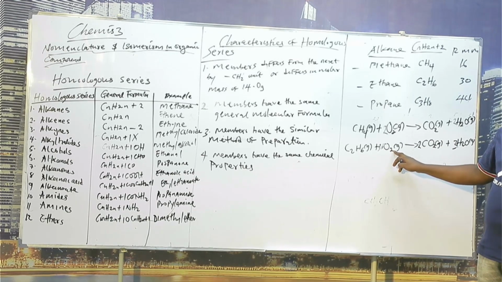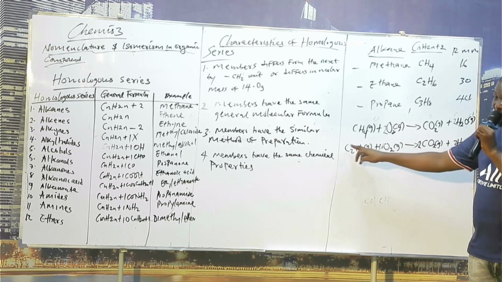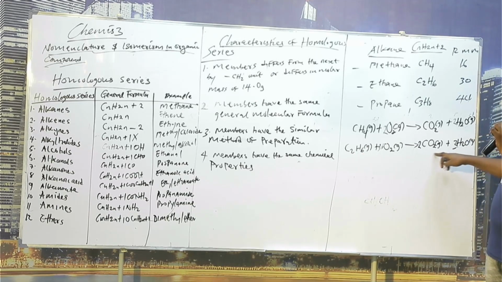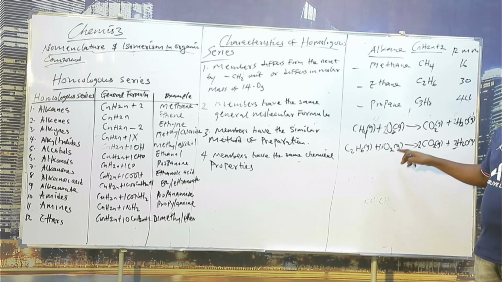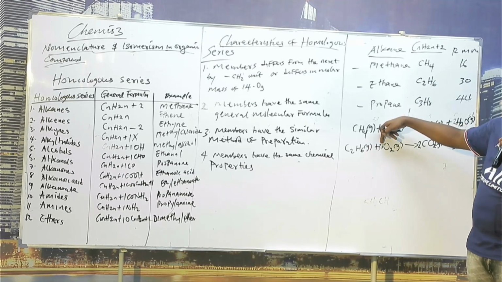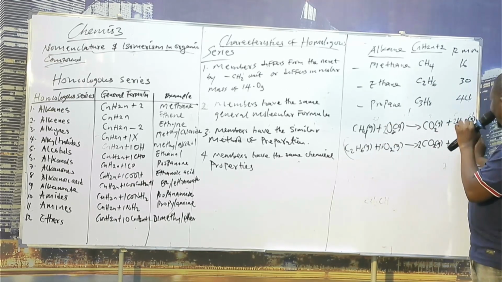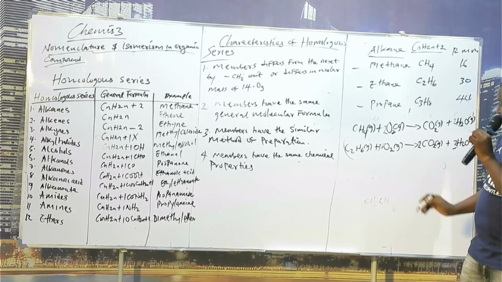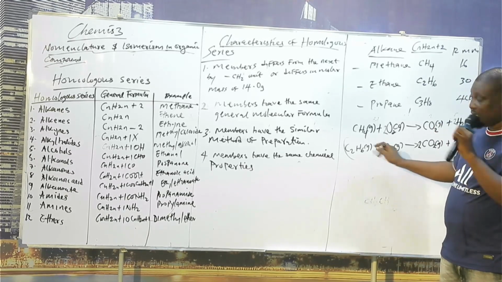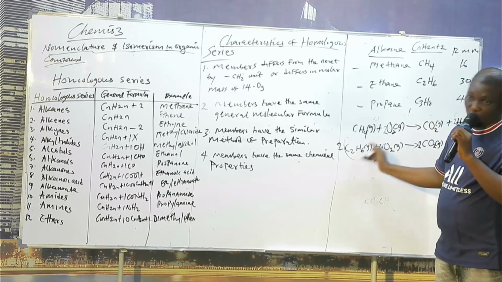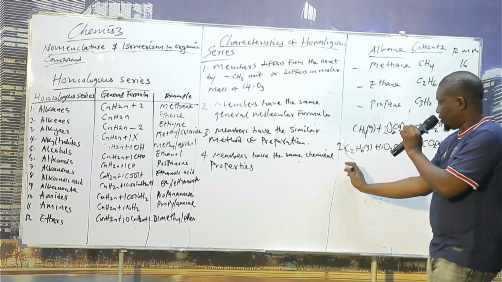Use that 2 judiciously. Use that 2 to multiply every reactant and product species, so you are converting this to a whole number. I'm not yet done with the equation. Because of this 3.5, that's why I'm multiplying everything by 2. If 2 multiplies this, it will double, Abby. Double it.